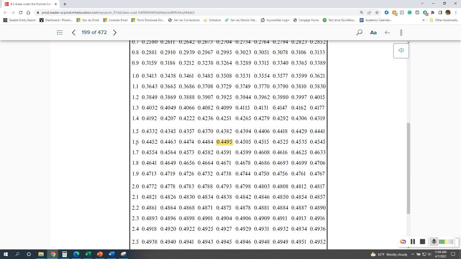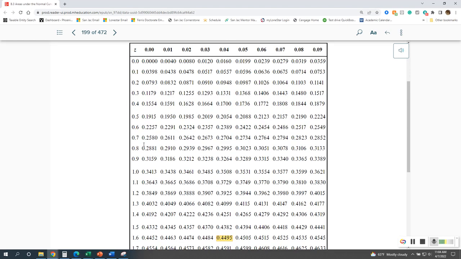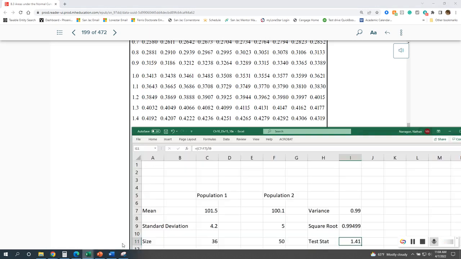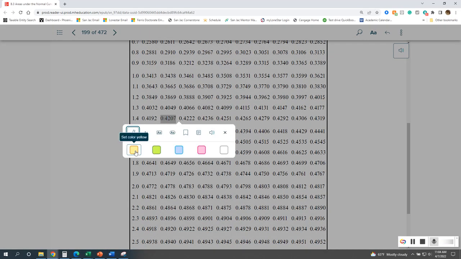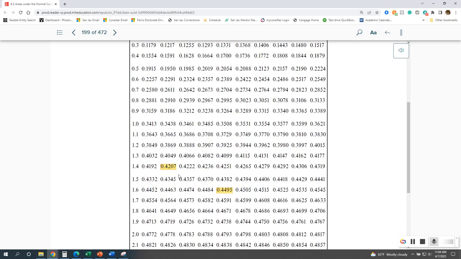So 1.41. There's 1.4. And then we're going, what is it? Yeah. So 1.41. So it is 0.4207.